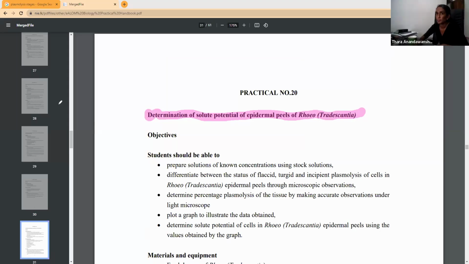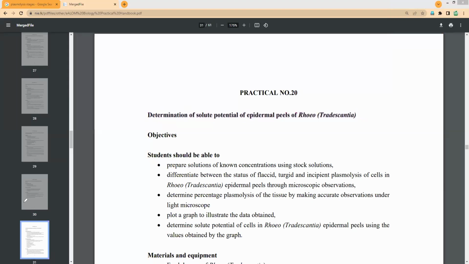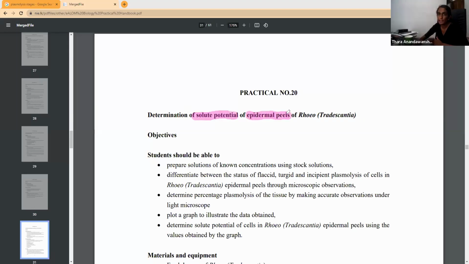Yes, teacher. Right. So we are going to discuss this one. What we are finding here is the solute potential of the Rhoeo lower epidermal cells.